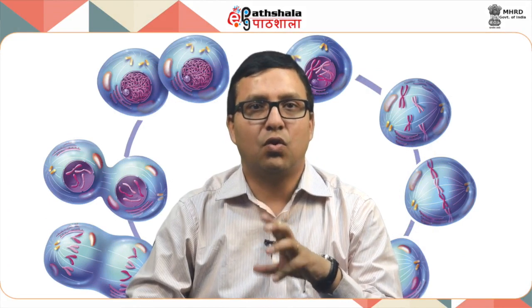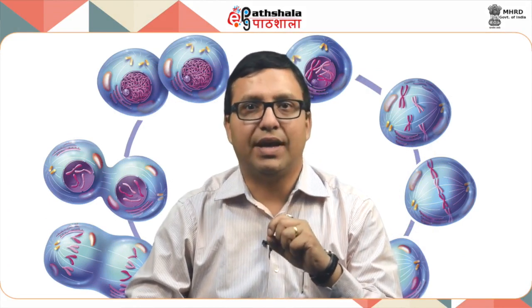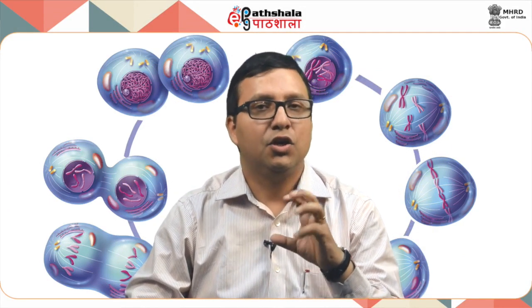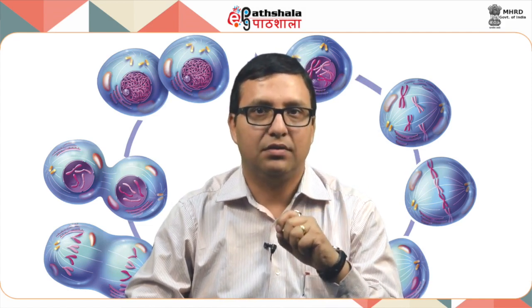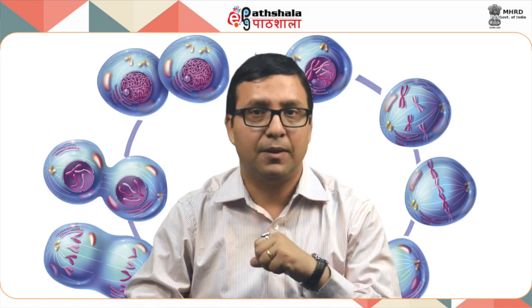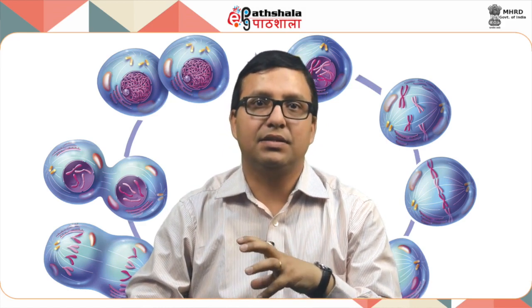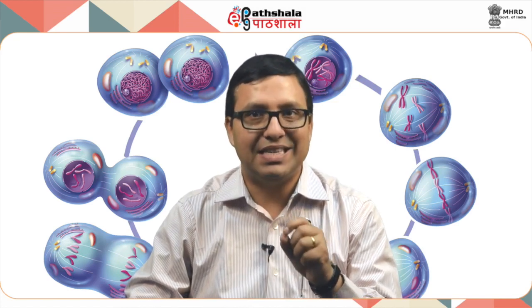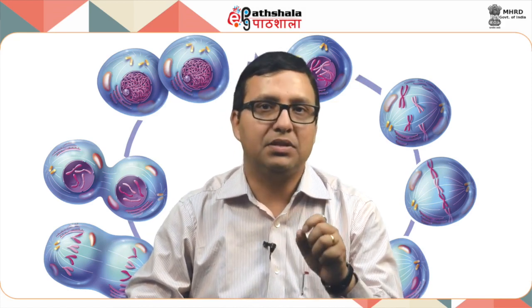The APC contains about a dozen core subunits, in addition to adapter proteins that play a key role in determining which proteins serve as APC substrates. Two alternative versions of these adapter proteins, that is CDC20 and CDH1, play an important role in substrate selection during mitosis. APC complexes containing one or other of these adapters are known as APC-CDC20 or APC-CDH1.